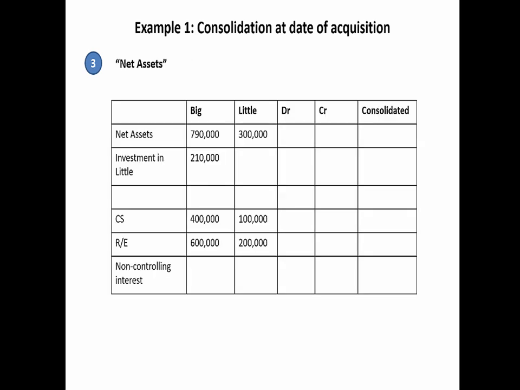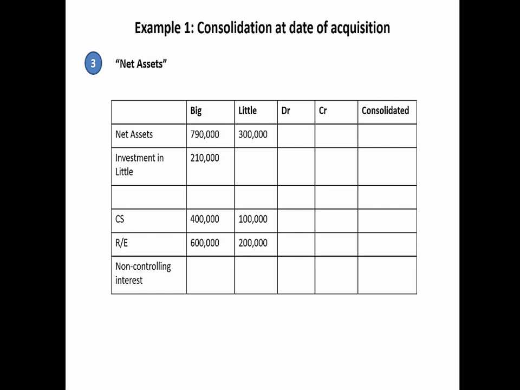Okay, so here's our consolidation at date of acquisition worksheet. And you'll note that, instead of listing a bunch of individual assets and liabilities, I simply listed net assets. So Big Company has their $210,000 investment in Little, plus they have $790,000 in other net assets, so cash, receivables, inventory, property, plant, and equipment, less all other liabilities.